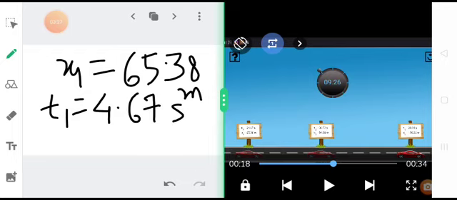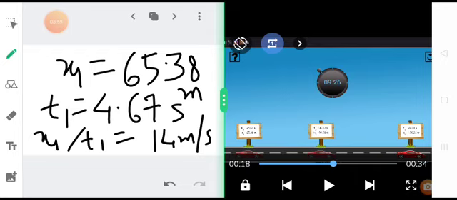The rate at which distance changes with respect to time. So x1 divided by t1, the change in position with respect to time, x1 by t1. So that will be 65.38 divided by 4.67. So that will give us 14 meter per second.